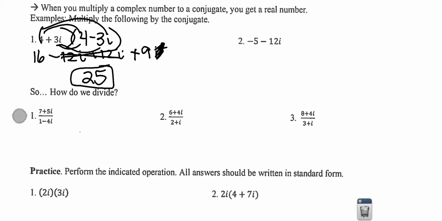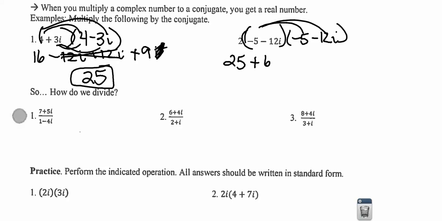So go ahead and try the next one. My conjugate's going to be what? Negative 5 minus 12i, and then I put my first terms in parentheses. So I know to double distribute. So I have 25 plus 60i. Oops, let me back up.